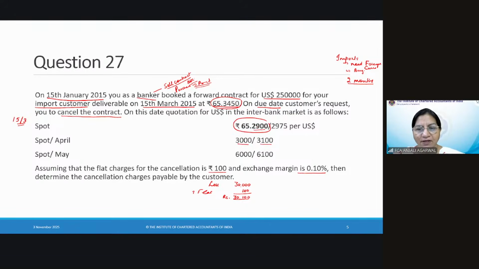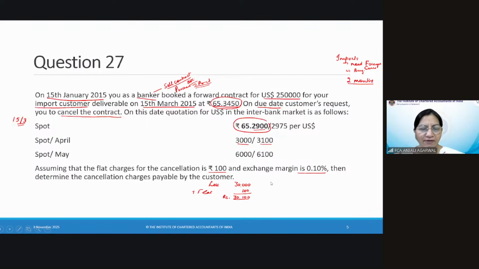Okay. So he has to take the opposite position, and the exchange difference, whatever is coming out to be because of it, if it is a loss, the customer has to bear it. And there can also be flat charges for the same. Further, he may also request an extension. If he requests an extension, he may get a new quote for that period, depending upon whether he is an exporter or an importer.